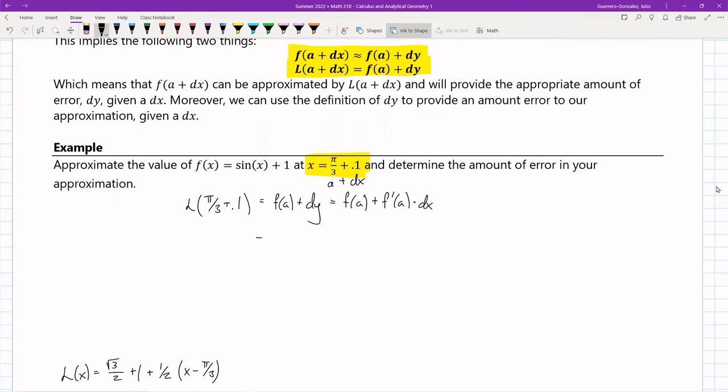Okay, so this is going to be equal to, now it's just plug and chug, √3/2 plus 1 plus 1/2 times dx, we know is 0.1.